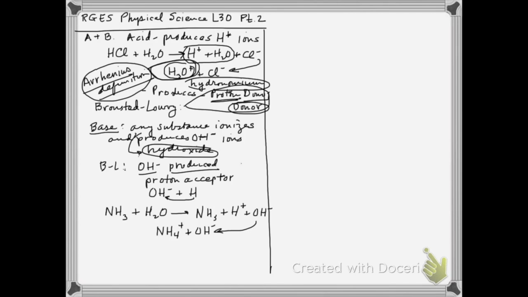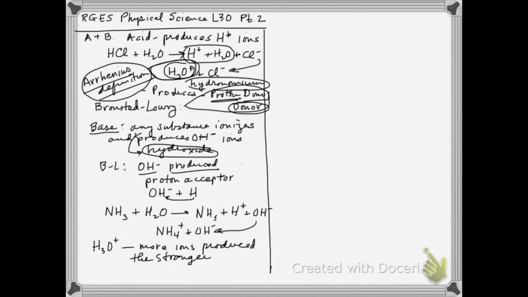Now, when an acid produces H3O ions in water, the hydronium ions, okay, the more of these ions that are produced, the stronger the acid.